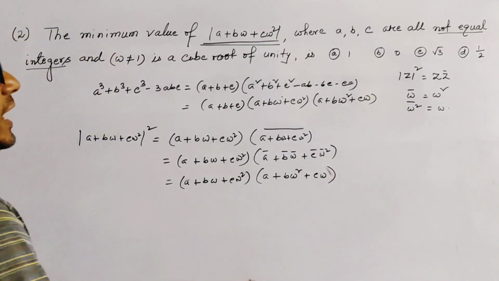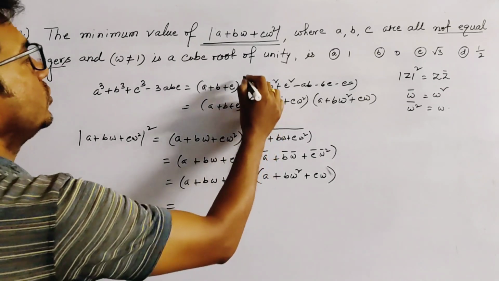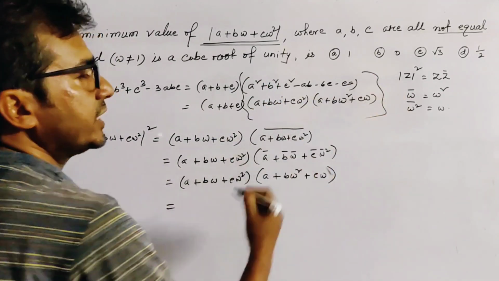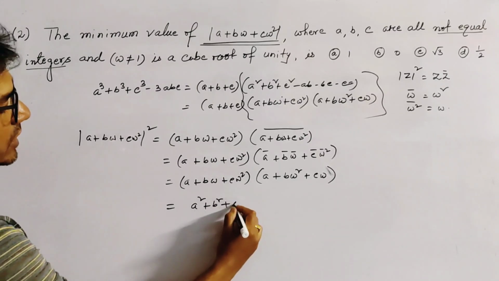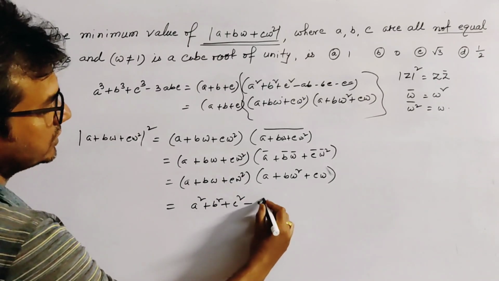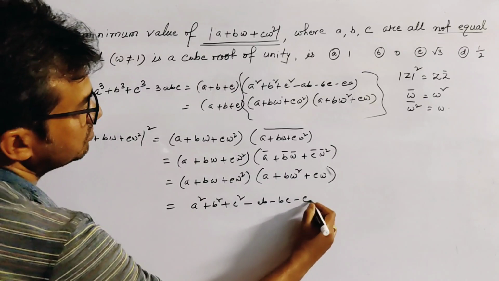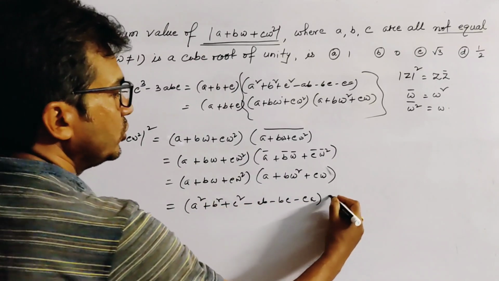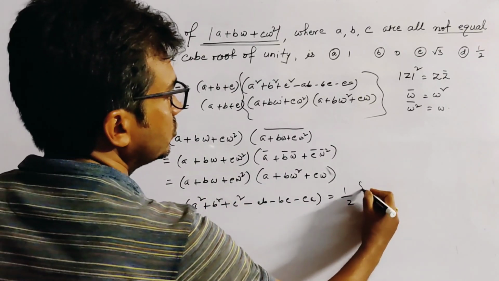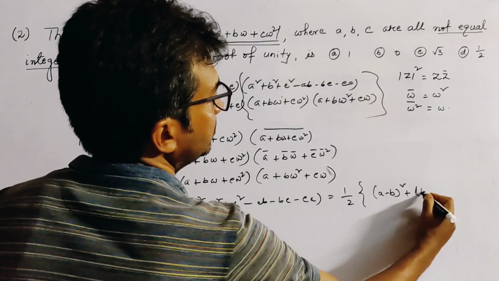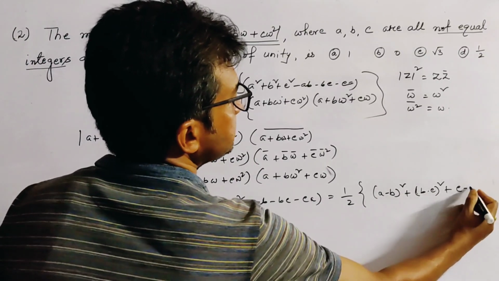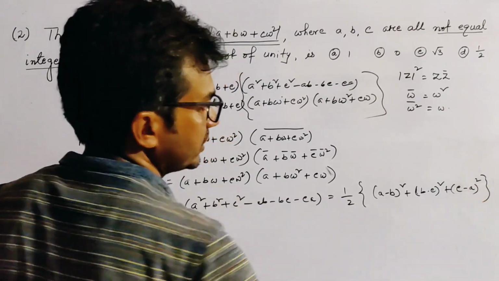From this factorization, this equals a square plus b square plus c square minus ab minus bc minus ca, and we know that this is half into [(a minus b) whole square plus (b minus c) whole square plus (c minus a) whole square].